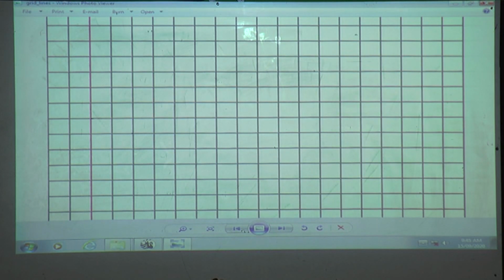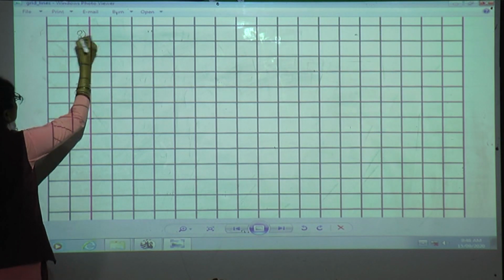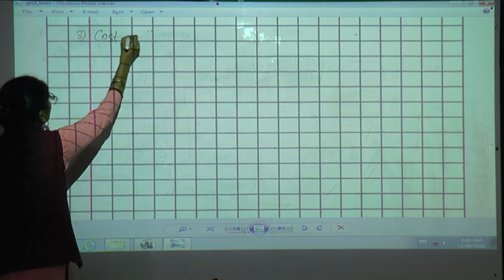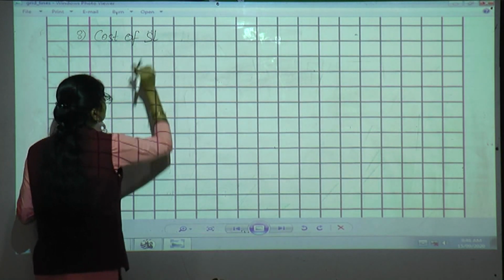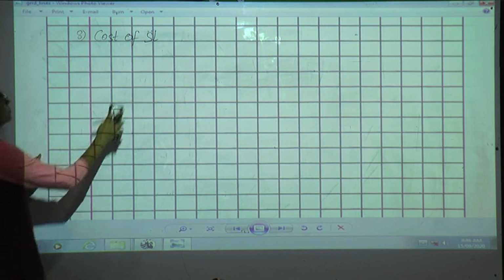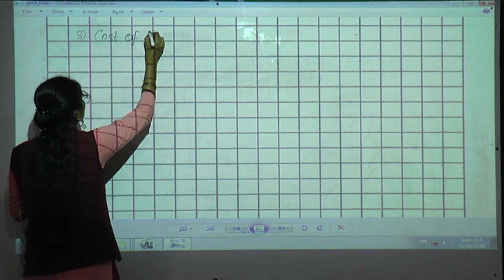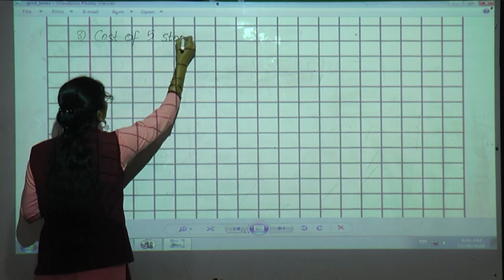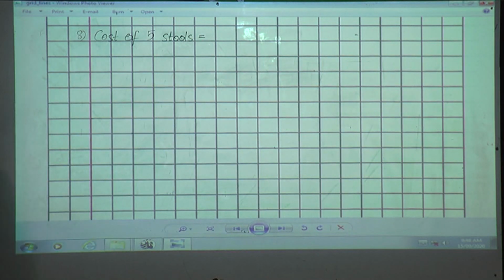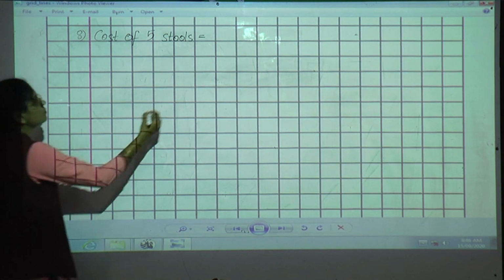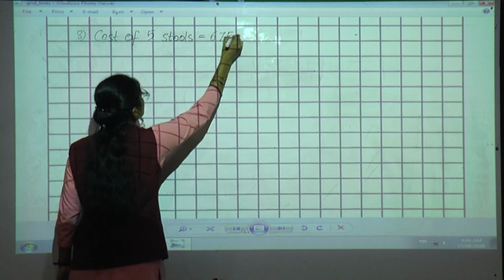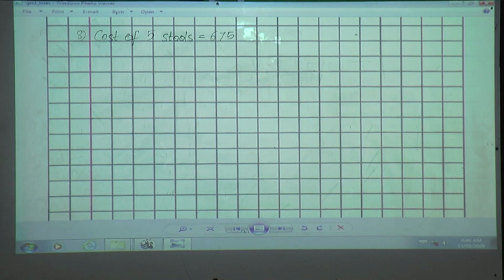Okay, and if 5 stalls cost rupees 675, so we will write here cost of 5 stalls is equal to, what is the cost of 5 stalls? 675. And the question is, how much does each stall cost?